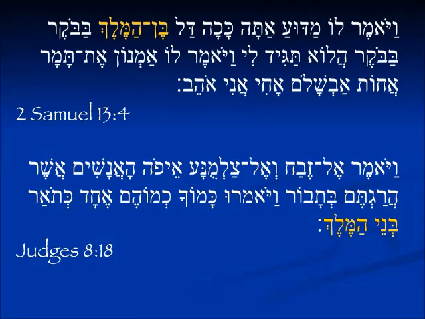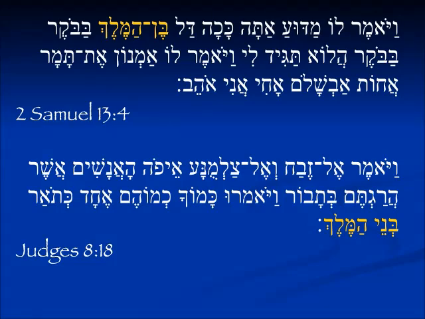Boker baboker, ben hamelech. You are the son of a king. We know that he's not the only son of the king. He is a son of the king. But because the hey appears on the melech, the construct phrase takes on the definite for both nouns. The son of the king is the very proper translation for that. You will see different translations.